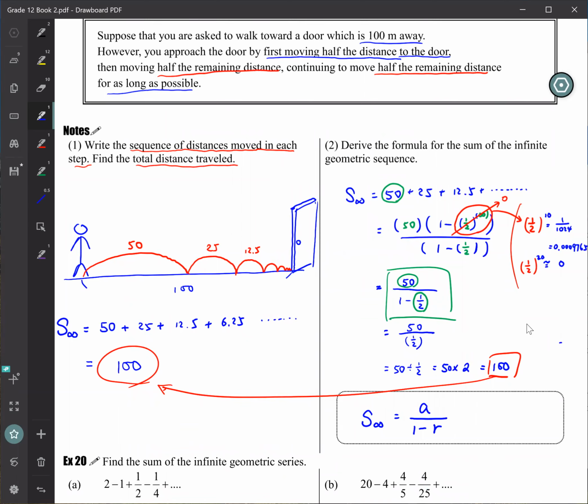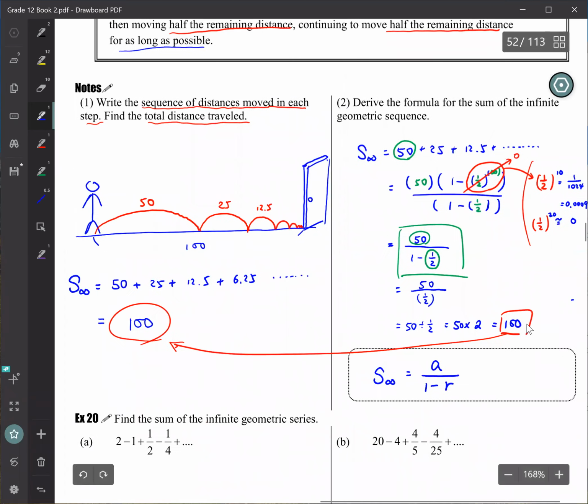This one is getting smaller by half. So what kind of ratio will make the number become smaller each time? We need to have some restrictions on the ratio.